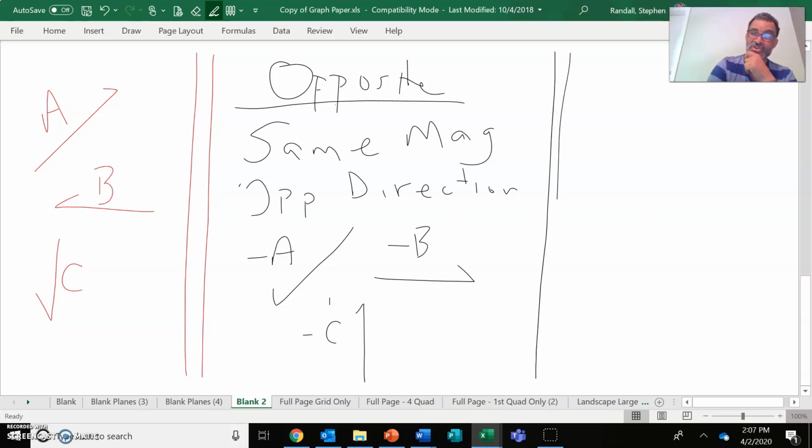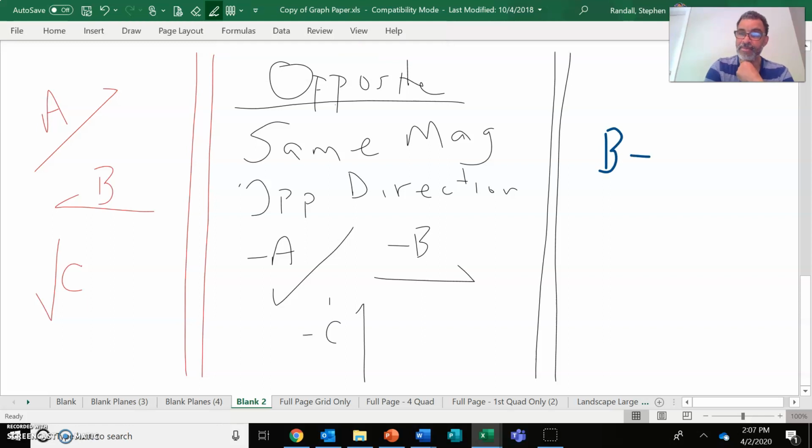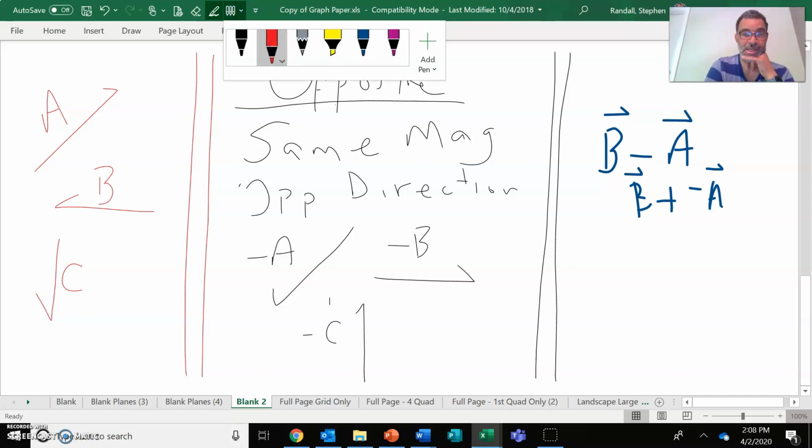So if we're subtracting vectors, if we are doing vector B minus A, then we would go the direction of B. It would be B, same thing as B plus the opposite of A. And B looks like this.